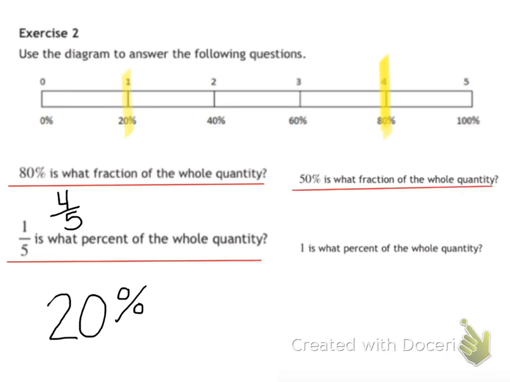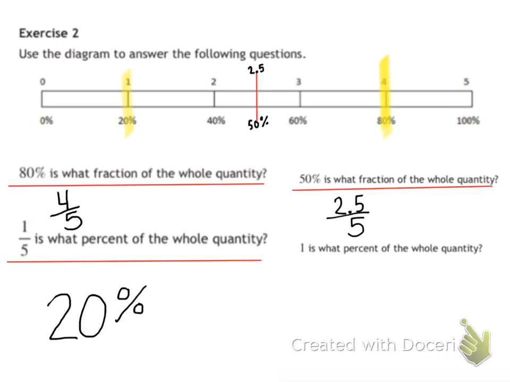Right, 50% is right in the middle, right in between 40 and 60%. So I'm going to partition it right there, label that 50%, and that's right between 2 and 3, so that means it's 2.5. So 50% is 2.5 out of 5.